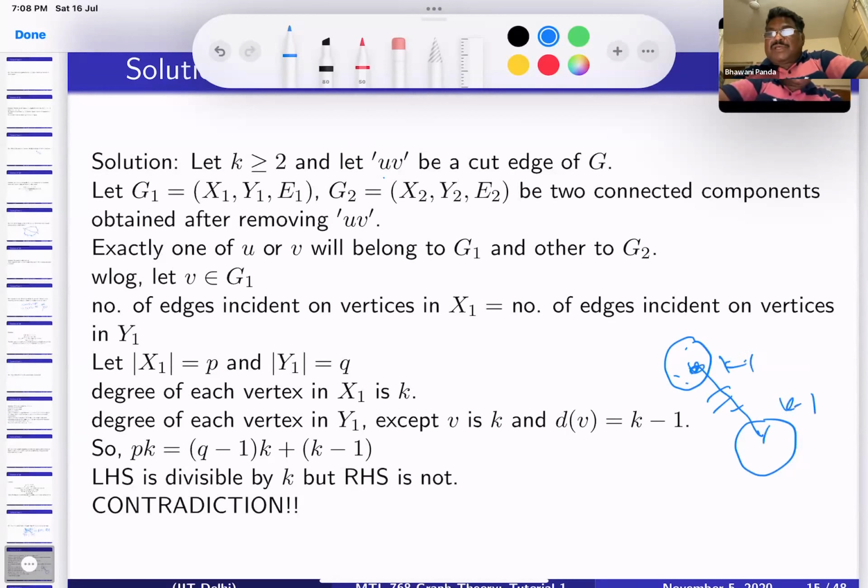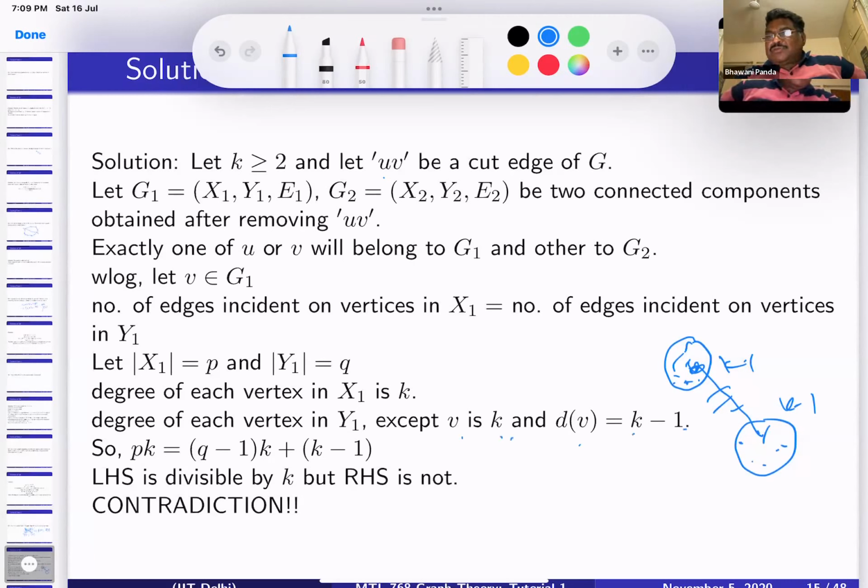The degree of each vertex in Y1 except V is K, and the degree of V is K minus 1.